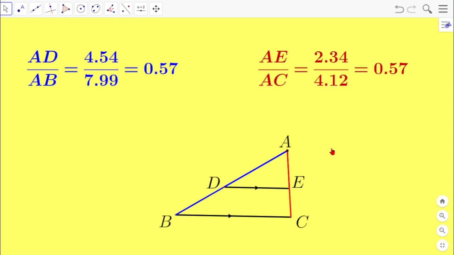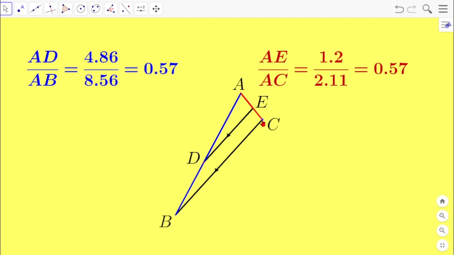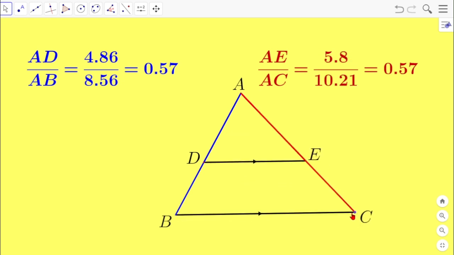Even if I keep A in one place and then move this one, we have the same ratio still, with the lengths of AC and AE changing. And if I move this one, it's the blue side that changes, but the ratio remains equal.